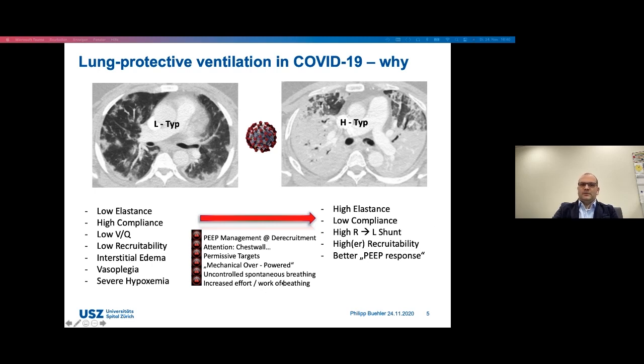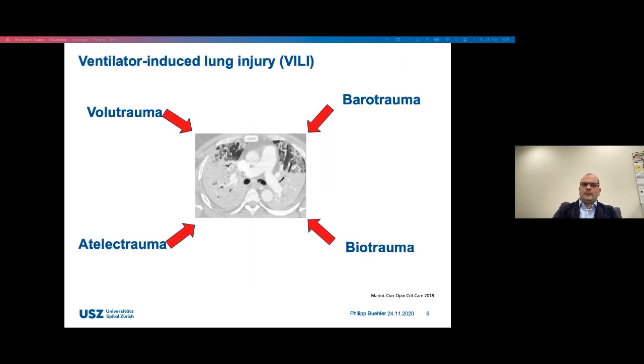You see it here. So precise evaluation of measured static compliance as a surrogate parameter for transpulmonary pressure, and continuous evaluation of mechanical power, recruitment, de-recruitment, chest wall elastance, and uncontrolled spontaneous breathing, with the required continuous adjustments of ventilation settings, show an important individualization of ventilation. All measures serve to prevent ventilator-induced lung injury.